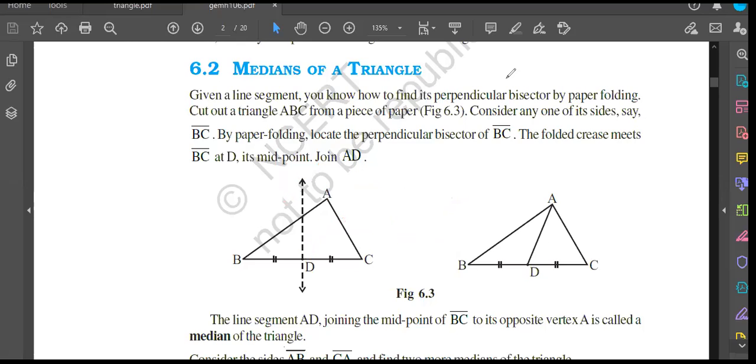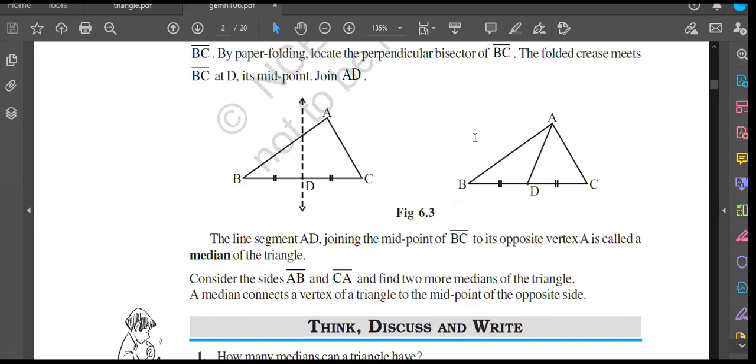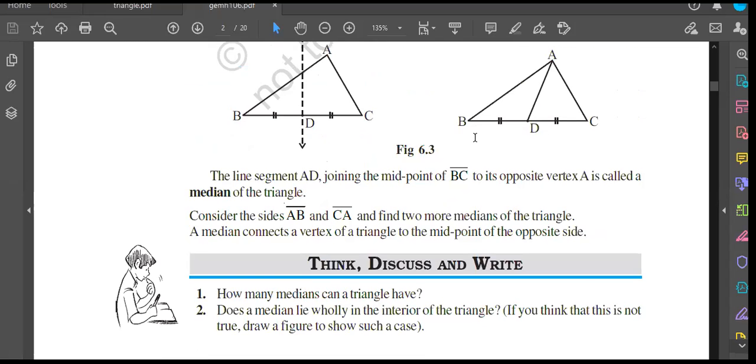Okay, let's see. Now tell me, how many medians can we have in a triangle? Three medians, because we have three vertices and three sides, so there should be three medians. Yes, very good.